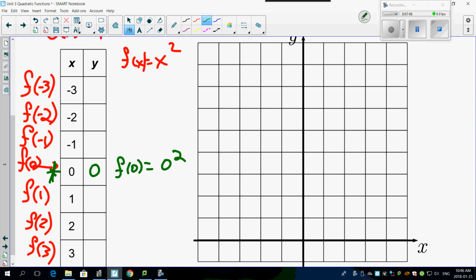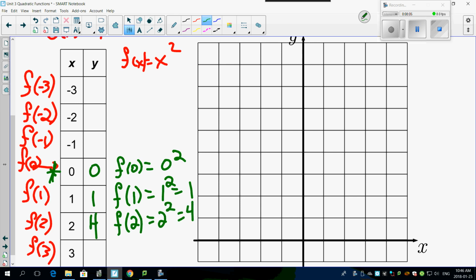Okay, let's go over to the positive ones now. f of 1 means 1 squared, which in fact, yes, is 1. So far it's been pretty boring, but now here's where the fun starts. f of 2 means 2 squared, which is now 4. f of 3 means 3 squared, which is now 9.